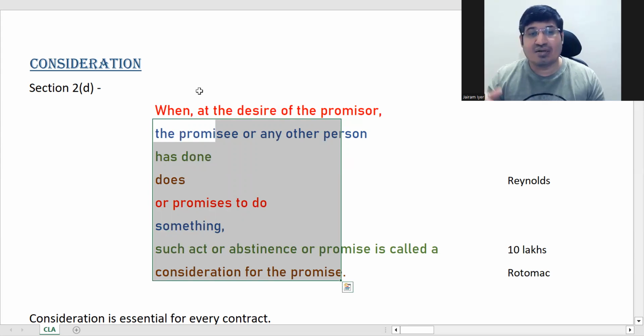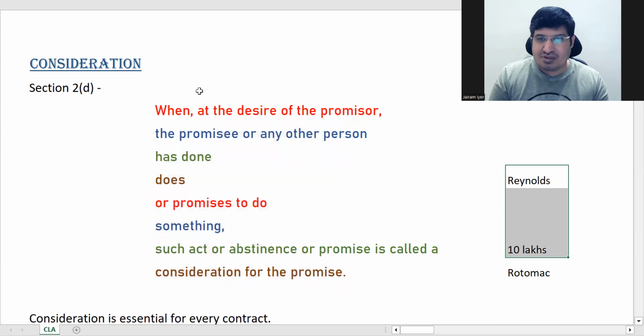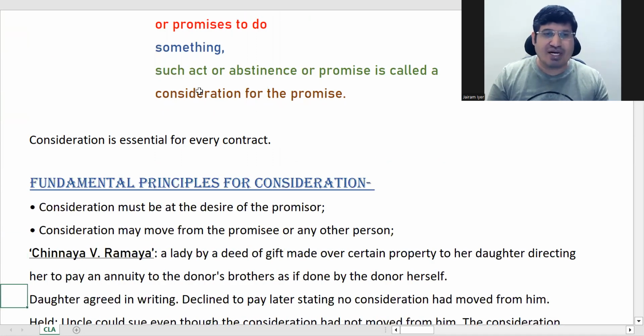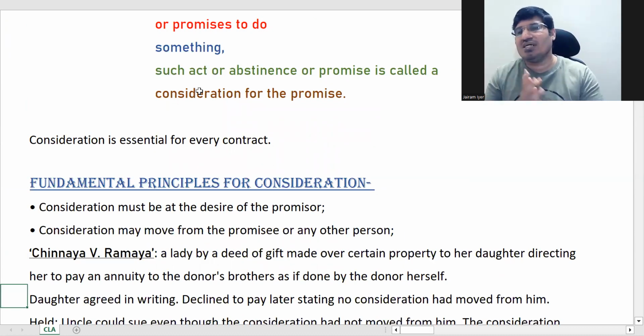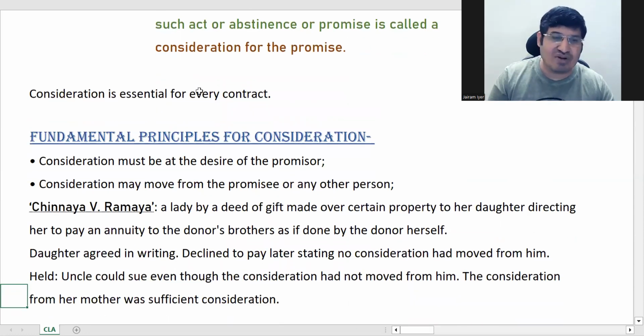The promisor's consideration will be whatever the promisor is giving, and the promisee's consideration will be the money that the promisor will be giving. Now both parties can be interchanged. It's possible that the promisor is the trader and the promisee is the buyer. That's also possible. So consideration is essential for every contract.